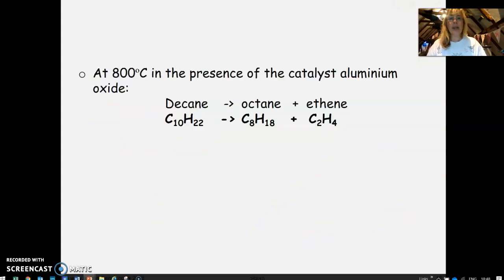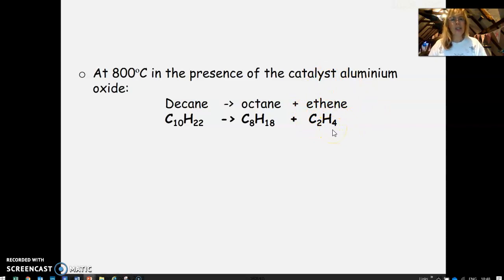So let's look at this example. Decane is heated at 800 degrees Celsius in the presence of the catalyst aluminium oxide. And you can see here the decane, C10, has broken down into octane, and here's my alkene. Remember, an alkene is always formed.